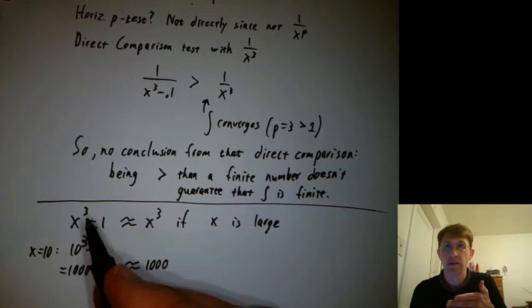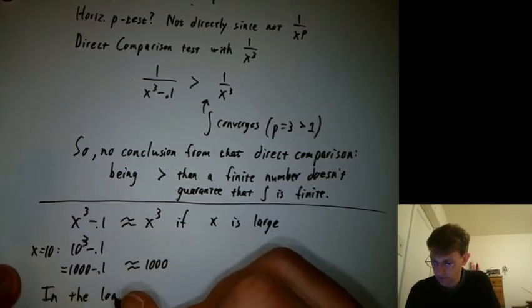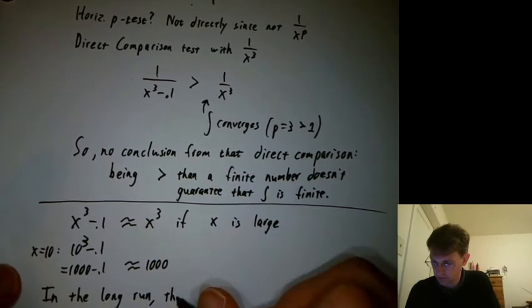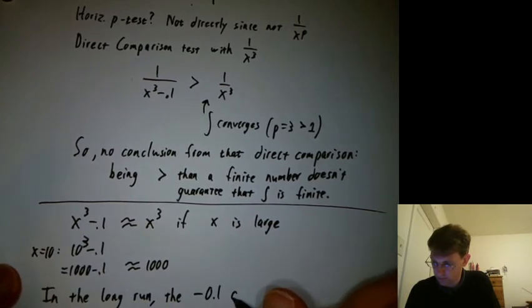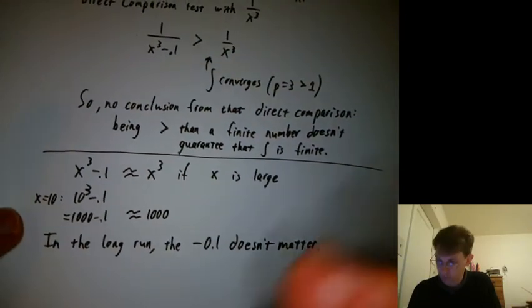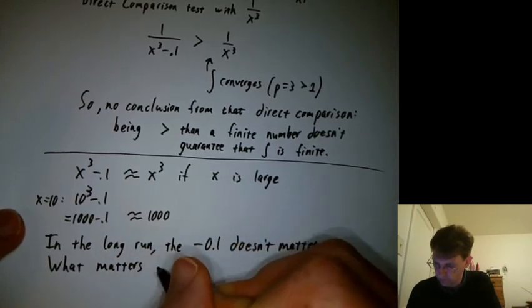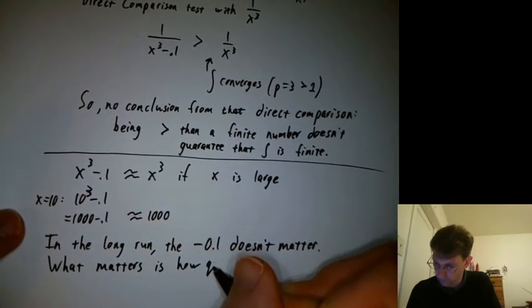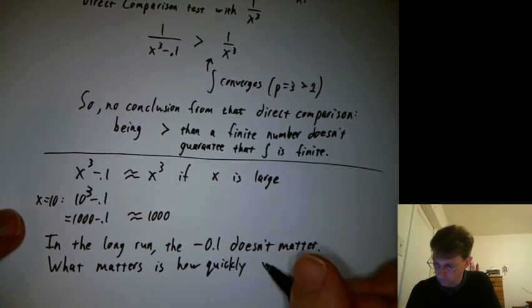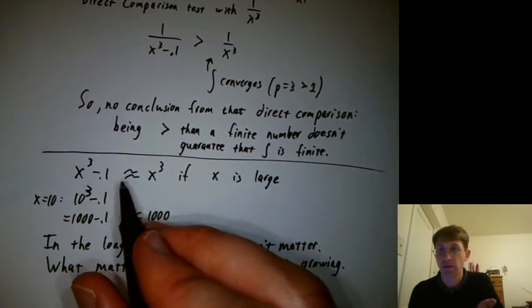What's really important is how fast x cubed is growing. So we could actually say that x cubed dominates the behavior of all the other terms here.